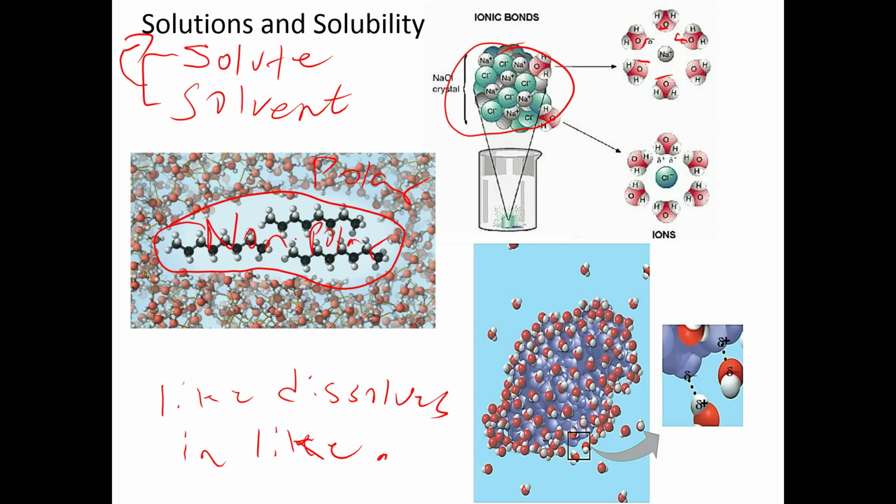That's going to interact with the positively charged sodium ion. And here you have your water molecule's hydrogen atoms, which have a slight positive charge. They're going to interact with the negatively charged chlorine atom, your chloride anion.